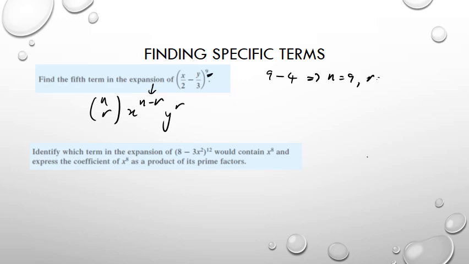However, we need r of 4. So then what we're actually finding is 9C4, x over 2 to the 9 minus 4, which then gives us our fifth term.